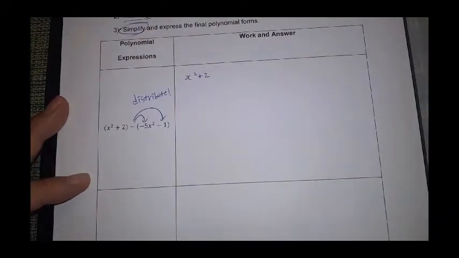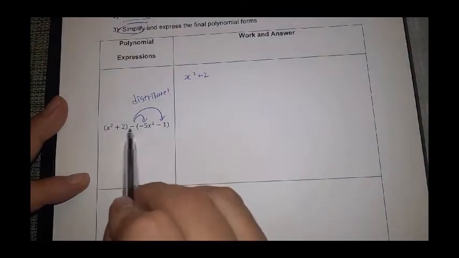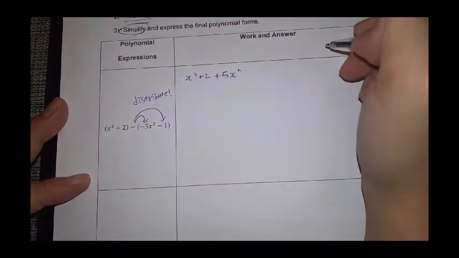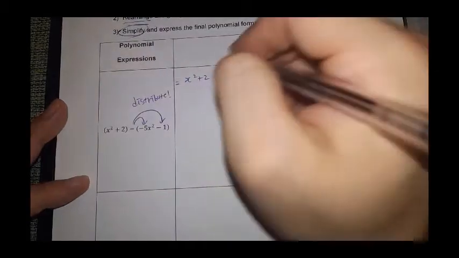But after that, if you can see this negative, I need to do what I like to call distribution. Distribute. The reason being is subtraction and negative, that's double negative, which means it's going to turn into positive 5x squared. Negative and negative give you positive 1. So you have that as an expression.